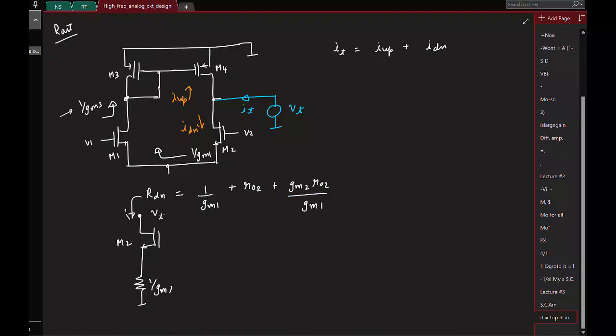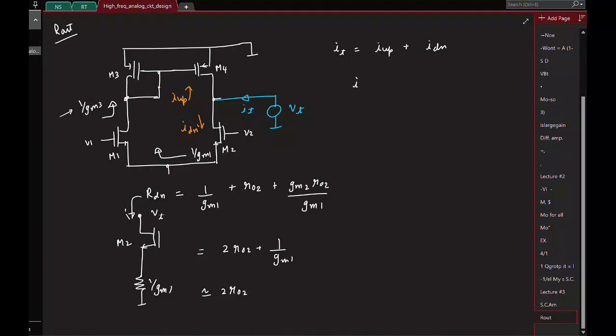And remember, M1, M2 are identical transistors. Same is the story with M3 and M4. So GM2 is GM1, so this simplifies to 2 R02 plus 1 by GM1, and for all practical purposes, it's 2 R02. So looking down, the impedance is 2 R02.